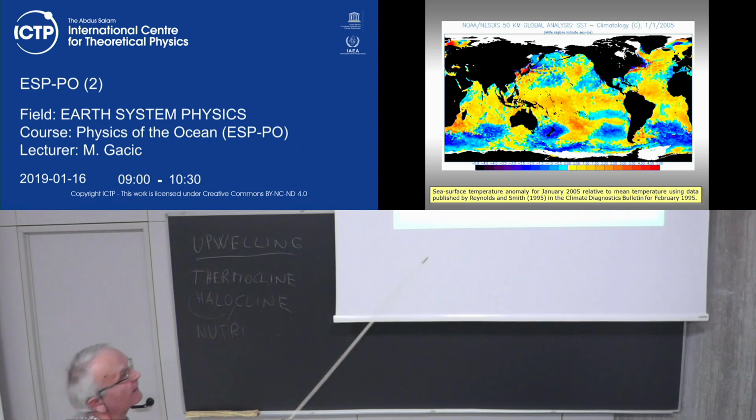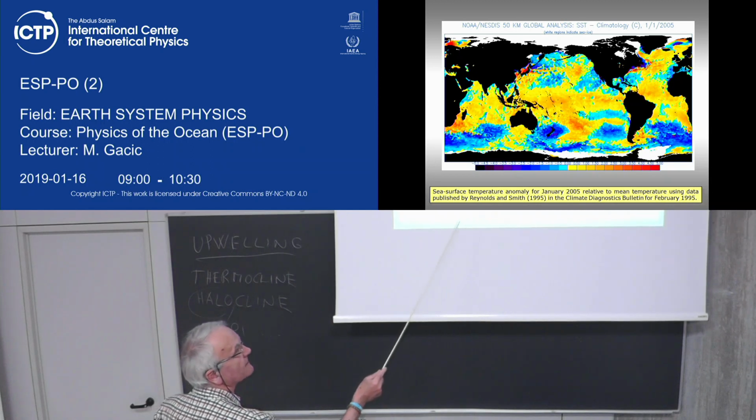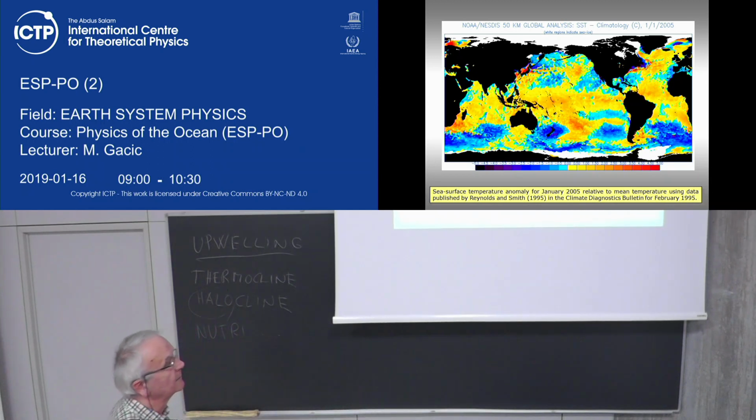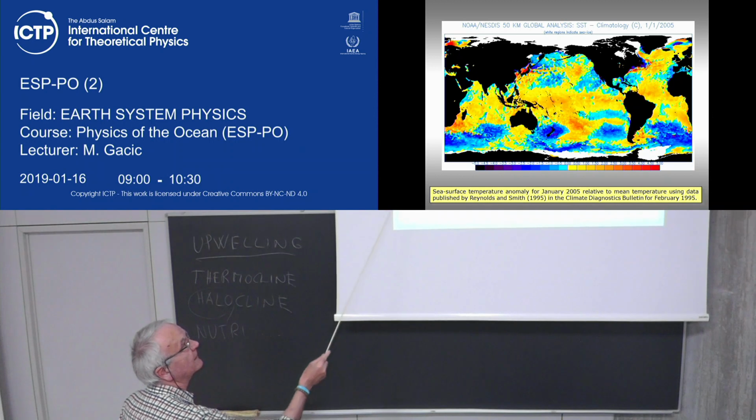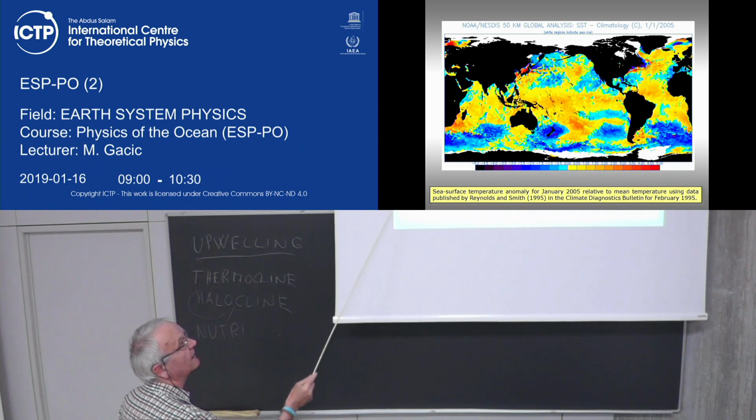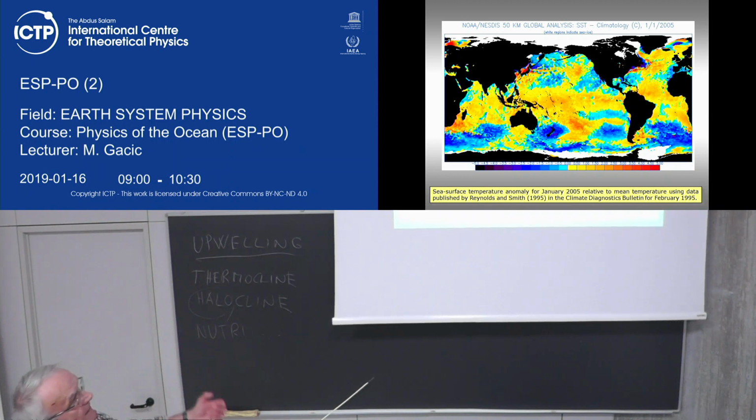Or there are some areas, like around New Zealand, where the sea surface temperature is much lower than usual. See, for example, here near the eastern African coast and Madagascar, it's much warmer, and so forth.